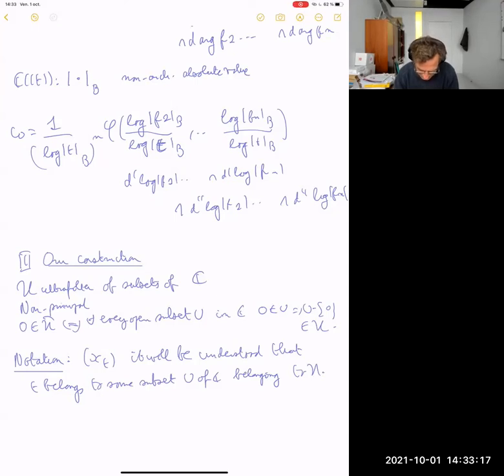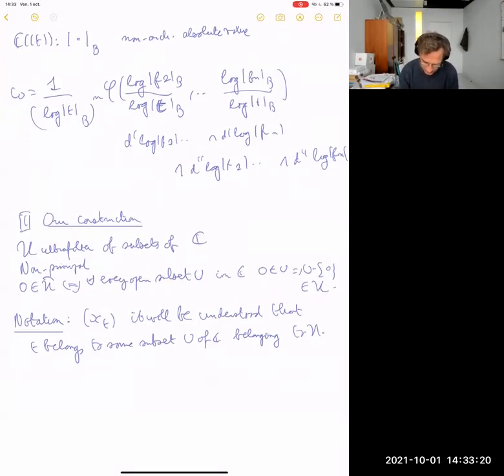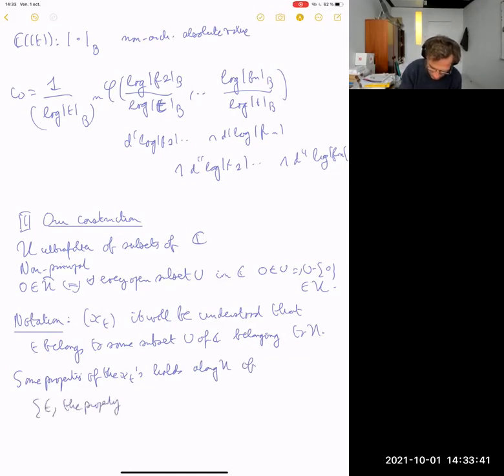And now with this, I will say that some property of the xt's holds along U, along the ultrafilter, if the set of t such that the property holds belongs to the ultrafilter.